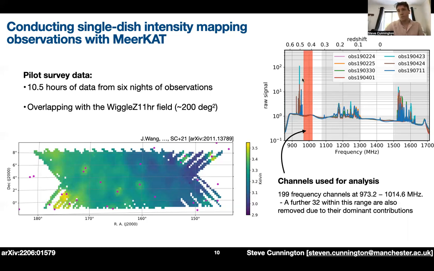So it's only this small thin sliver of just about 200 frequency channels in the most RFI-free range that we can find. We find this is necessary to achieve the cross-correlation detection. This will be a challenge for future observations. Hopefully going to the UHF band might be a way of improving this, where at those lower frequencies RFI is less of a problem.